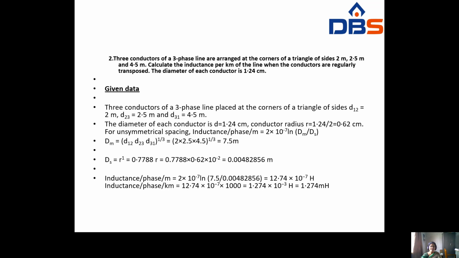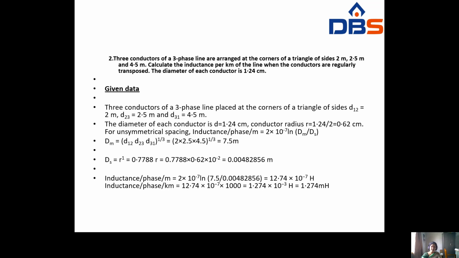First, the given data. Three conductors of a three-phase line are placed at the corners of a triangle of sides D12 equal to 2 meters, D23 equal to 2.5 meters, and D31 equal to 4.5 meters.